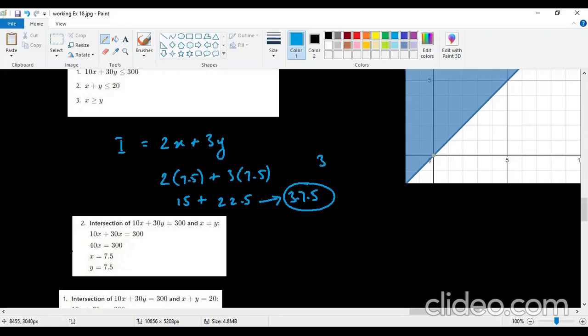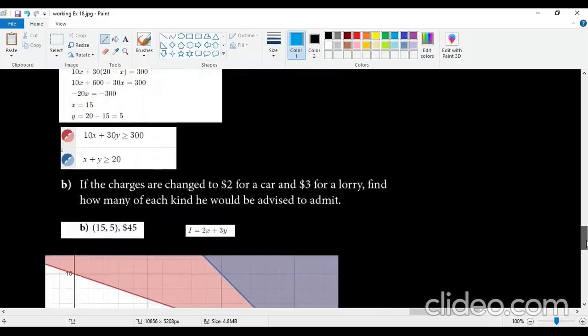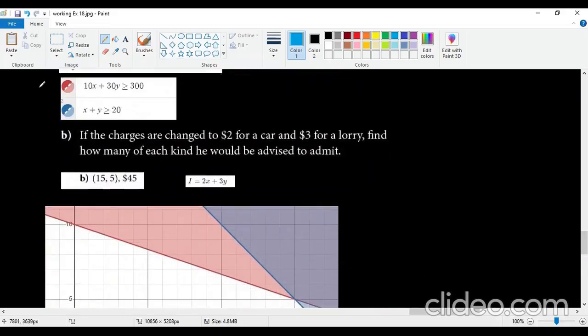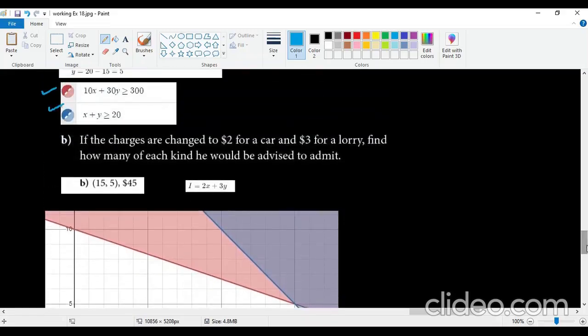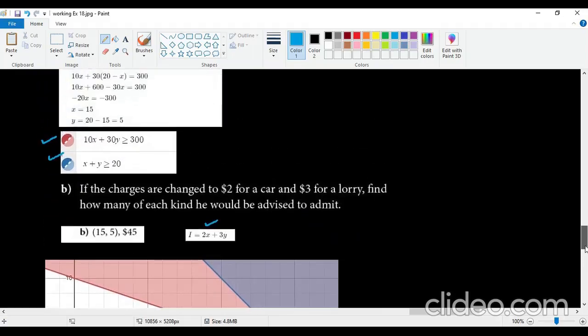$37.5 is the answer. Now once we go for the second part of this question, these are the two inequalities that you should put in Desmos, and this is the profit or income formula that is given in the question itself, and the intersection point of these two inequalities is 15, 5, so x equals 15 and y equals 5.